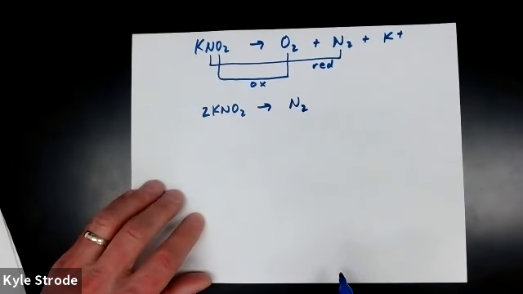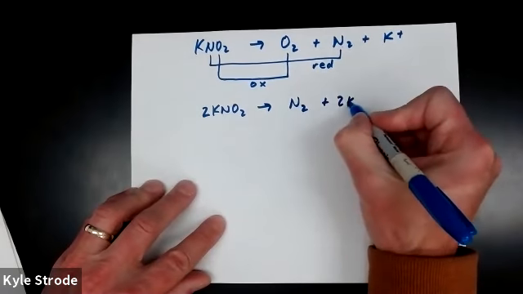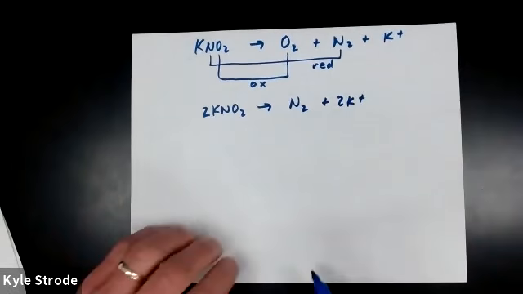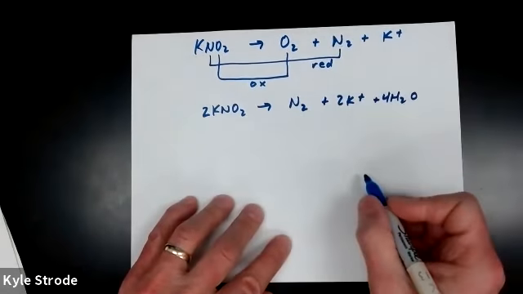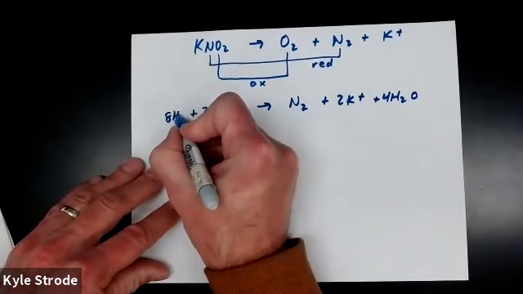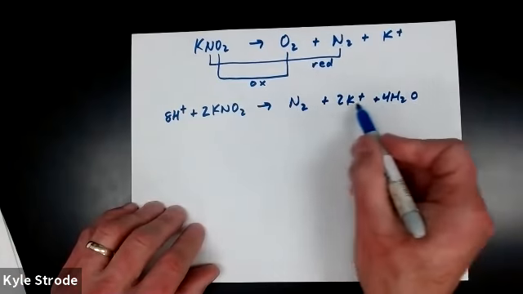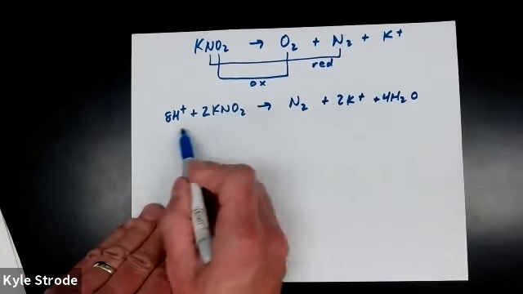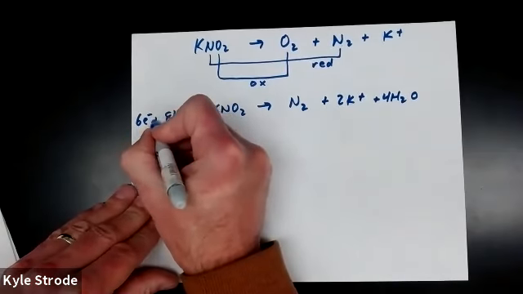Then we balance our extraneous atoms, potassium. Now we balance our O's, and now our H's. And now we finally balance our electrons: +2, +8, bring the high side down to the low side with 6 electrons.